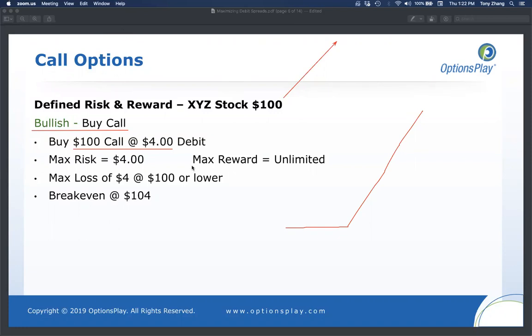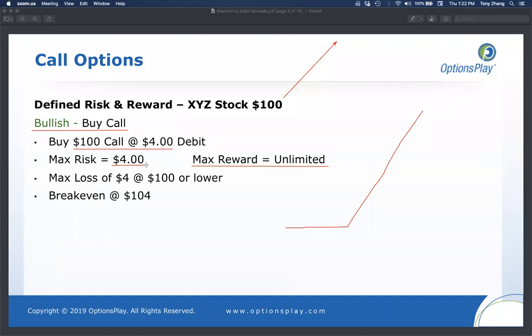But if you're wrong and the stock declines instead, your max risk is capped at the amount you paid for that call option, just $4. So you're controlling a $100 stock with just $4, and if you're wrong on the direction, you're only risking $4.